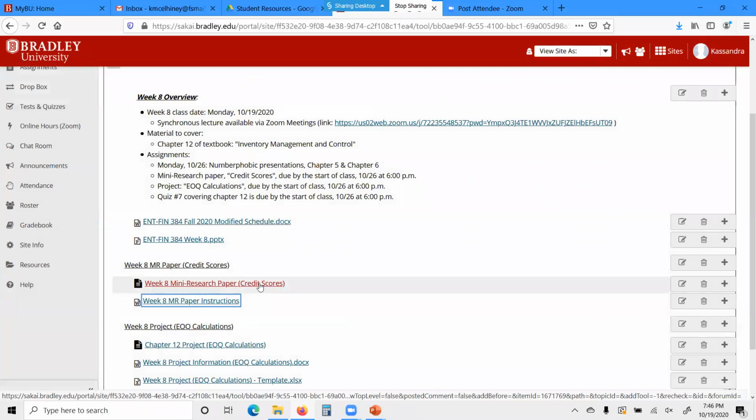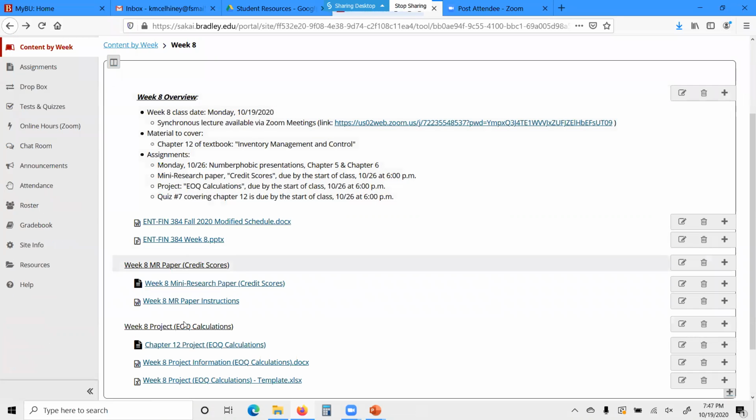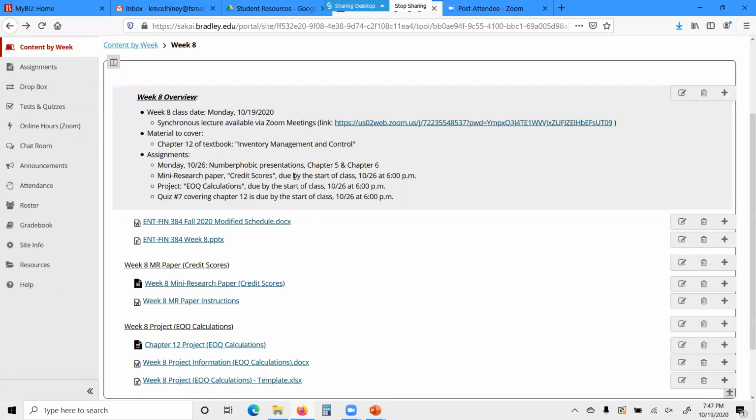There are drop boxes for each, the research paper and the project. Each of those is due by the time we come here next week, so 6 o'clock next week.